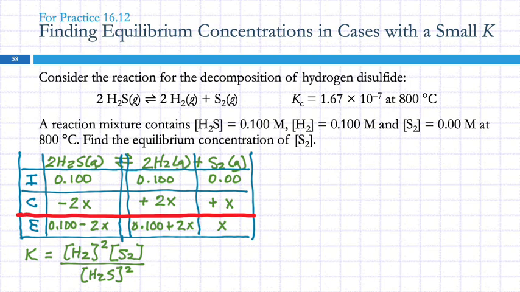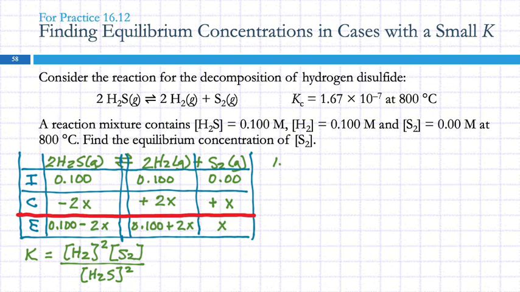If I wouldn't try to do this in my head, you shouldn't try to do it in your head either. So we're going to make the ice table. We're going to write out the equilibrium expression. We're going to take these guys and plug them in. At that point, if you want to just use your calculator or rearrange things in your head, fine. Absolutely, you can do that. But up to this point, we need to write this stuff down.